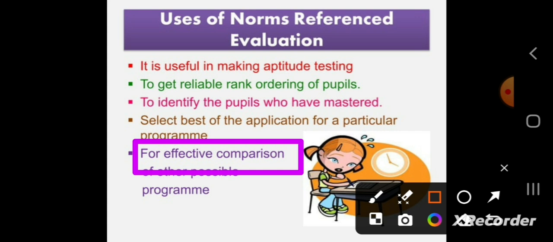Norm-referenced testing enables effective comparisons across different programs, instructions or curricula, helping to evaluate which programs perform better relative to a standard group. By referencing a large population, norm-referenced evaluations can assess where individuals or groups stand, facilitating a range of decisions based on comparative performance.